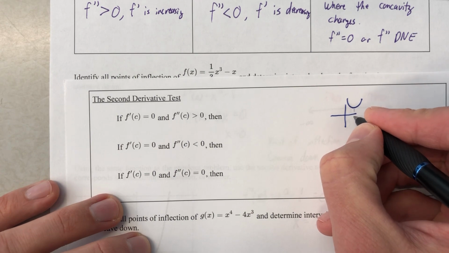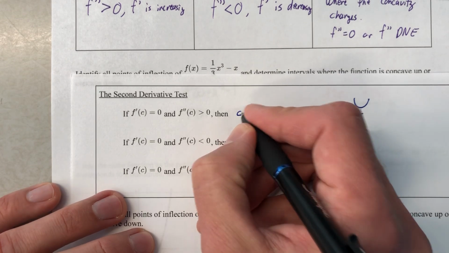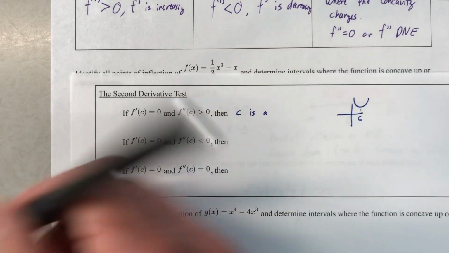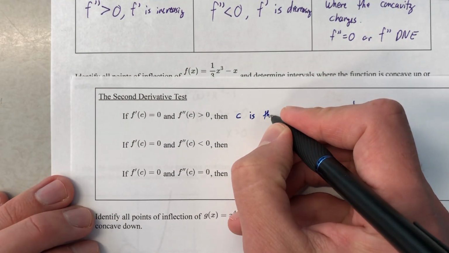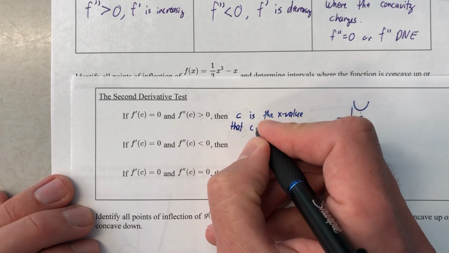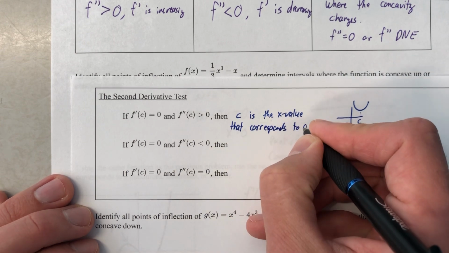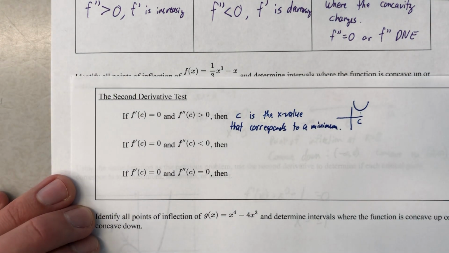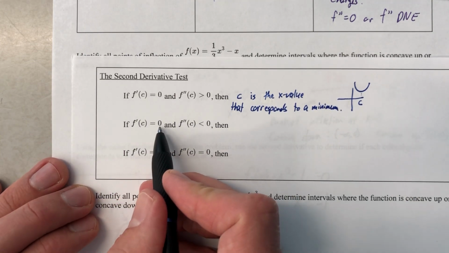What we really have is this situation right here. And this is c. That's what we're dealing with. Then c is the x value that corresponds, I'm trying to word it just right, corresponds to a relative minimum, okay, if the first derivative is equal to 0, all right?